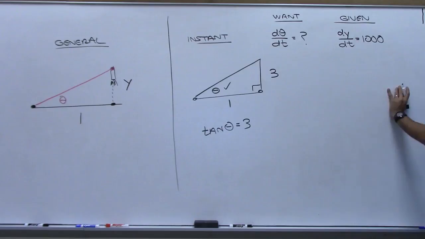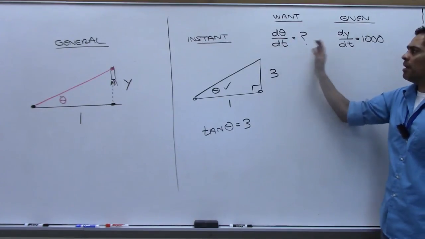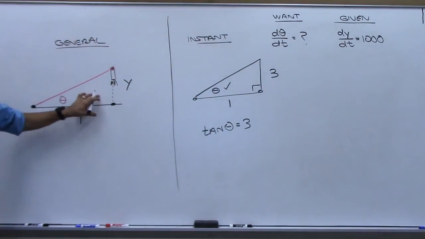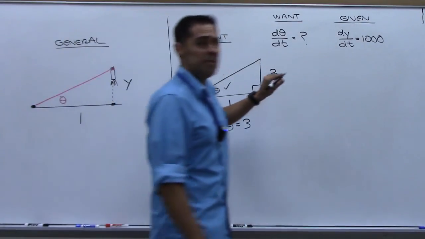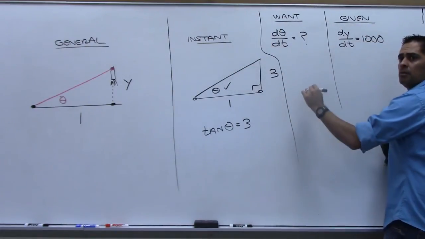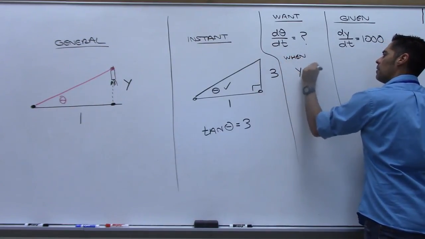Also, what we wanted was d theta dt, but not at any time. We wanted it at a specific point, when the rocket's 3 miles up, which is what variable to us? Y. When y is 3.